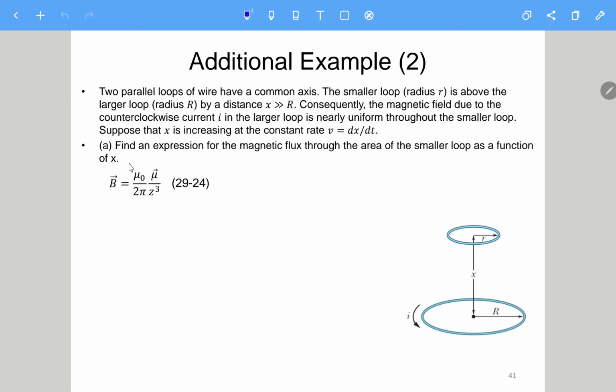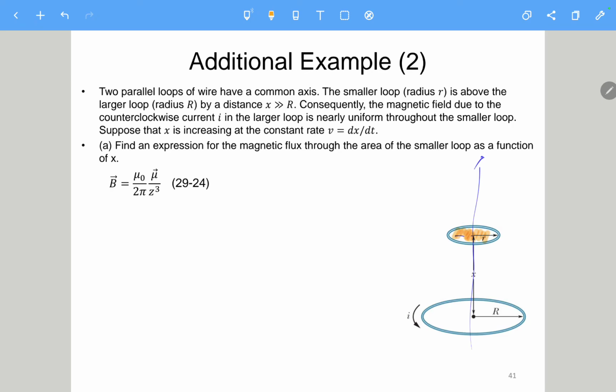Because, as we calculated in the previous chapter, we only know the B field generated on this z-axis rather than at nearby points. But as long as x is much longer than R, we can approximate that the B field over this area is uniform.